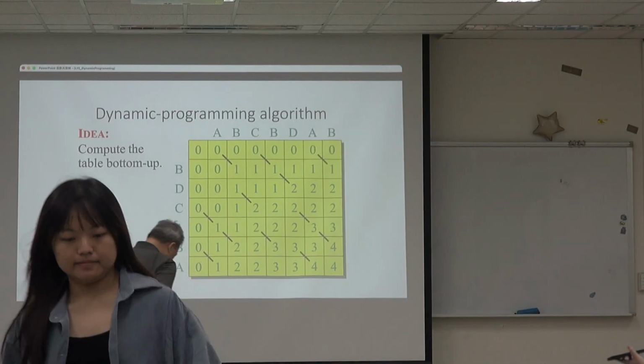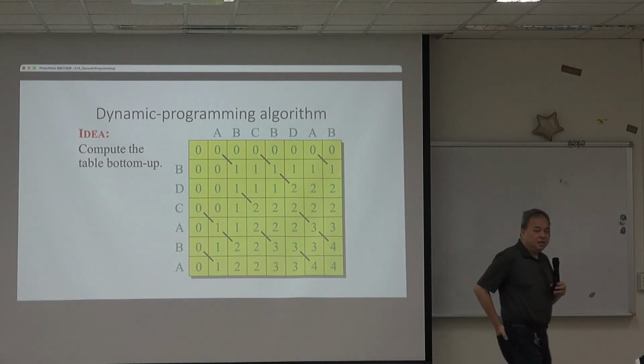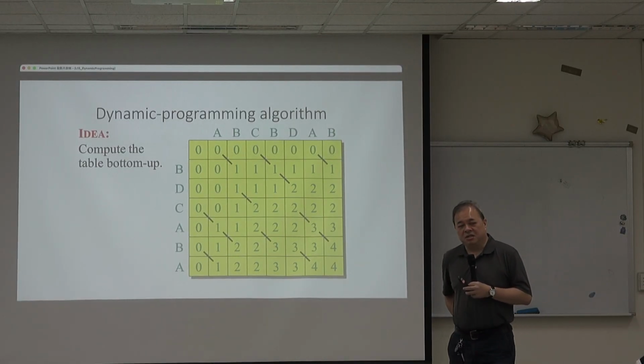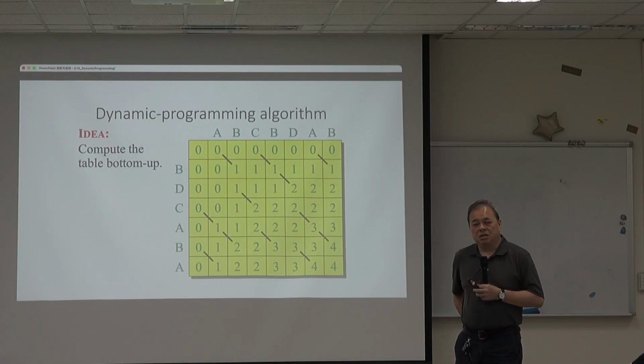Okay. So, first, the TA just told me the average is 50. But a lot of students, about 10 students, dropped the course already.